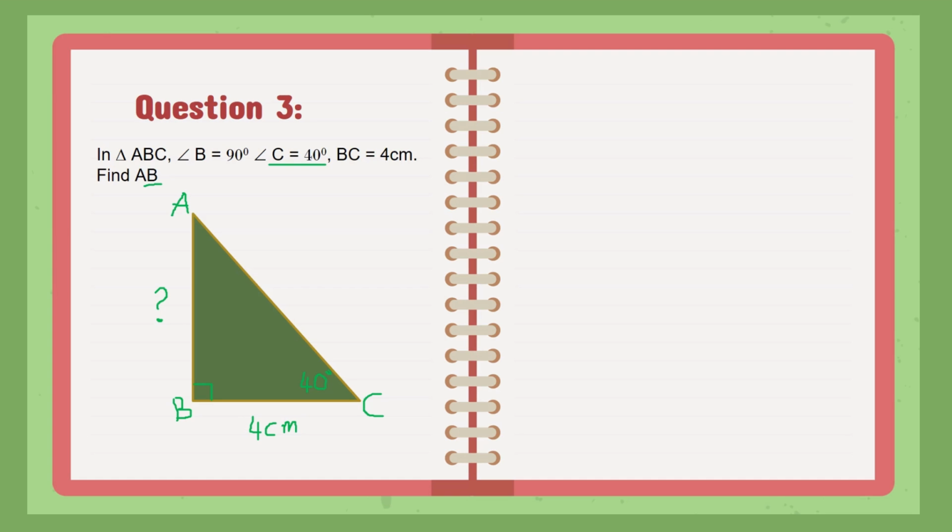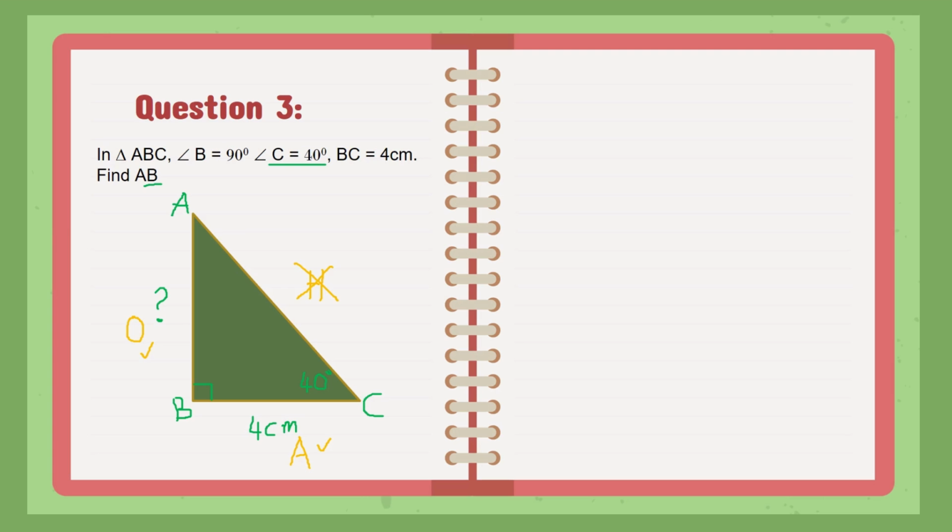Okay, so first we need to mark the sides, which this is the hypotenuse and this is adjacent and this is opposite. Okay, so we have to find the length of the opposite, and we know the size of adjacent. So we have nothing to do with hypotenuse.